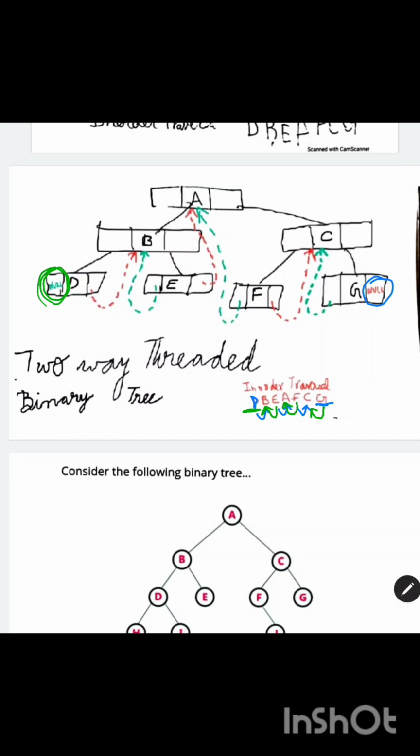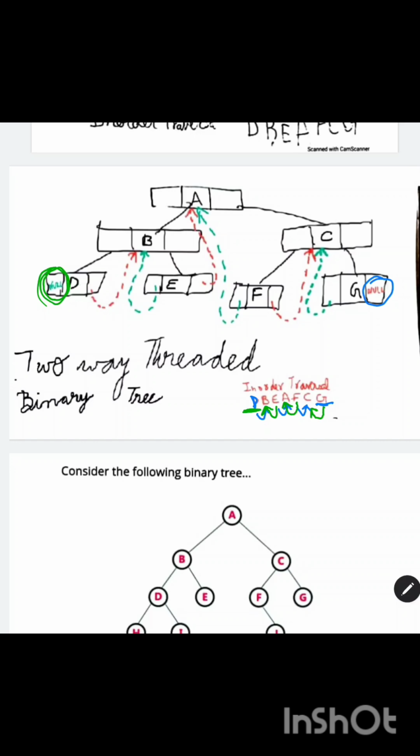And the thing to be noted is the left child and the right child of these nodes are null. They are not pointing to anything. They are not pointed to by the threads for D and G, because G is the extreme right of the tree and D is the extreme left of the tree.